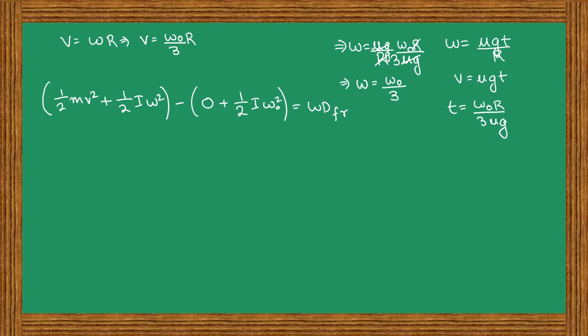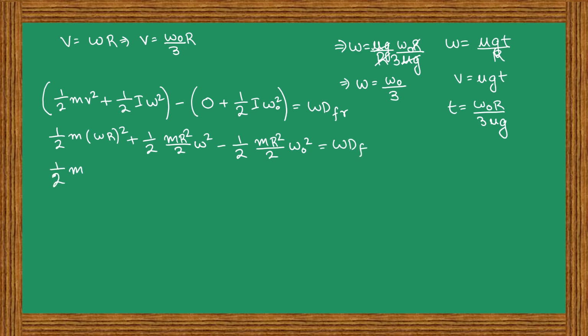Okay, and now let me substitute this one. What is the value of v? Omega r. Half m v square plus half I omega square. What is the value of I? m r square by 2 into omega square, minus half I omega naught square, where I is m r square by 2, is equal to work done by friction. Okay, so this will get converted into half m omega square r square.